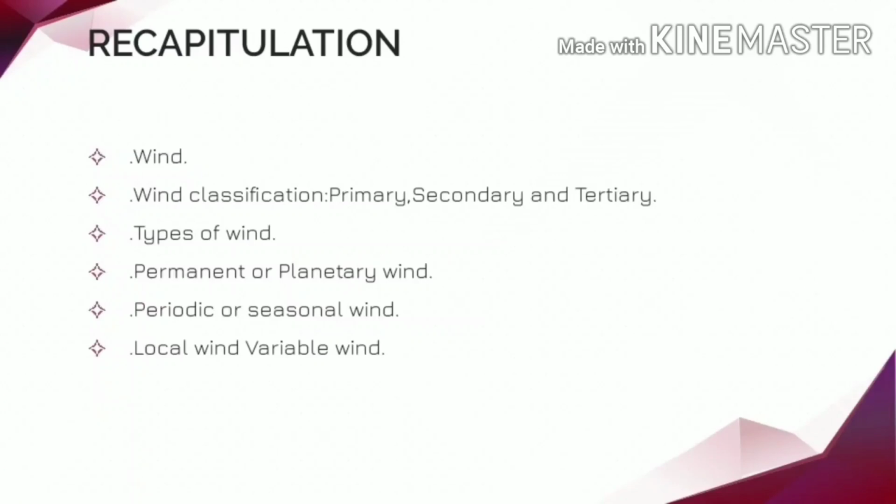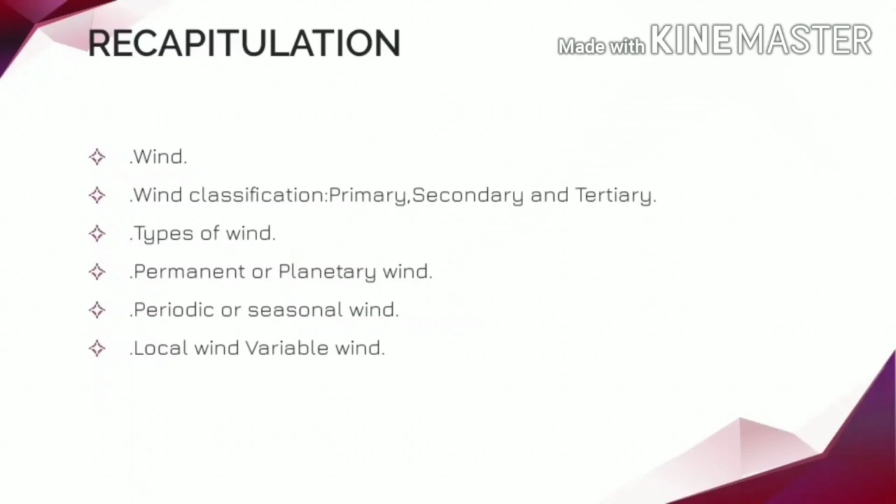Primary circulation is the circulation of the wind that is created because of the arrangement of the pressure belts on the Earth's surface. The wind created by it is known as planetary or permanent wind. The second one is the secondary wind. It is not directly related to the pressure belt.